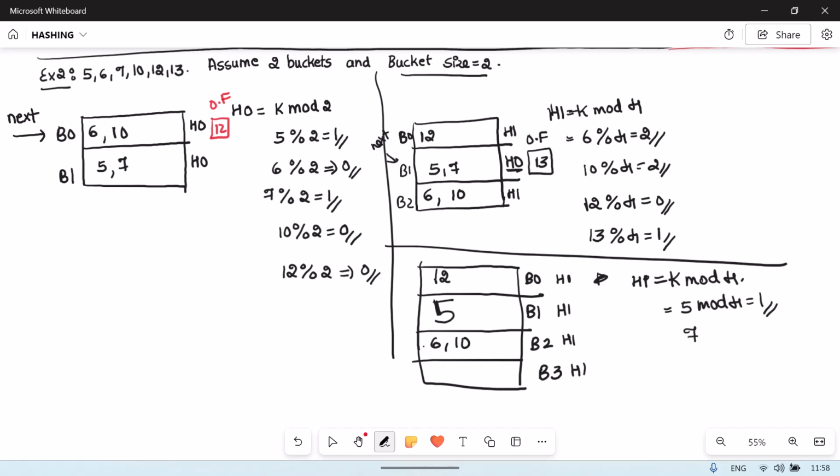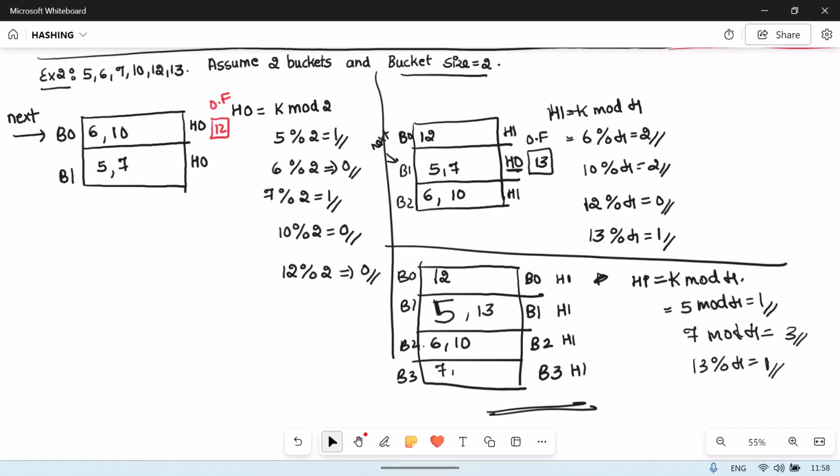Next we have 7 mod 4. It is B0, B1, B2 and B3. 7 mod 4 is how much? 3. So 7 will come here. Then 13 mod 4 is 1. Correct? So that will come here.